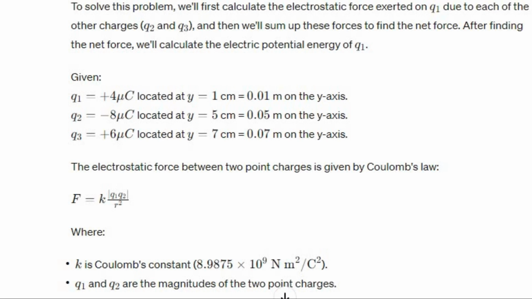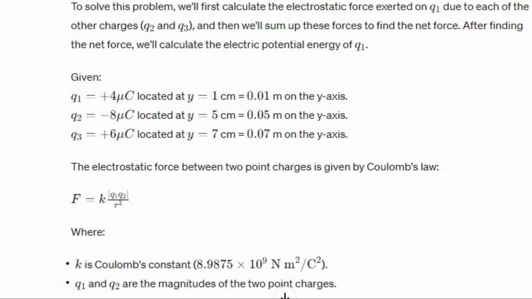To solve this problem, we will first calculate the electrostatic force exerted on Q1 due to each of the other charges, Q2 and Q3, and then we will sum up these forces to find the net force. After finding the net force, we will calculate the electric potential energy of Q1, given Q1, Q2 and Q3.